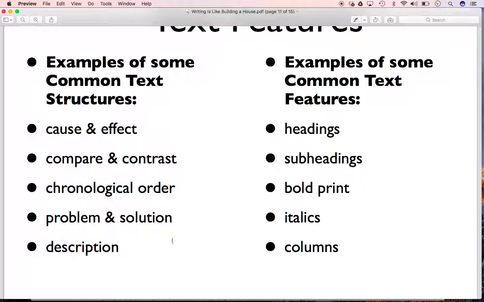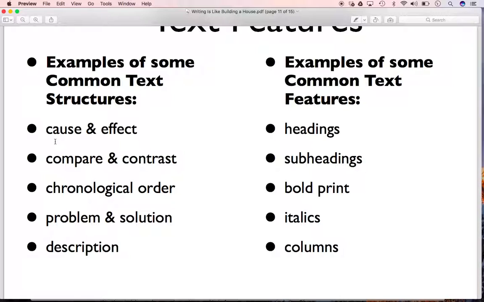But you cannot see the text structures because they are the way the text is written. They're the format, the pattern the text is written in. The features are added to the text after it's written to make it even easier to read. But this is the actual pattern that the text is in.